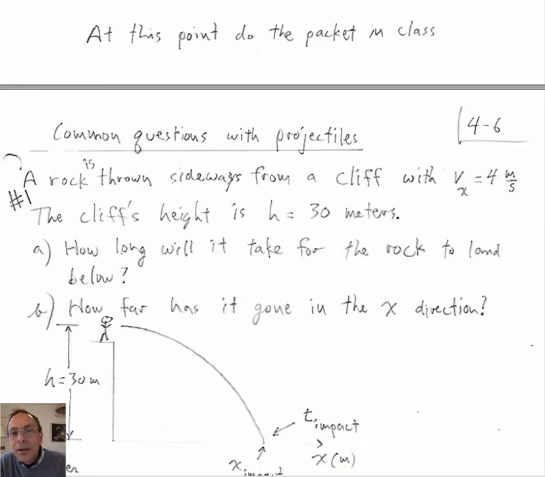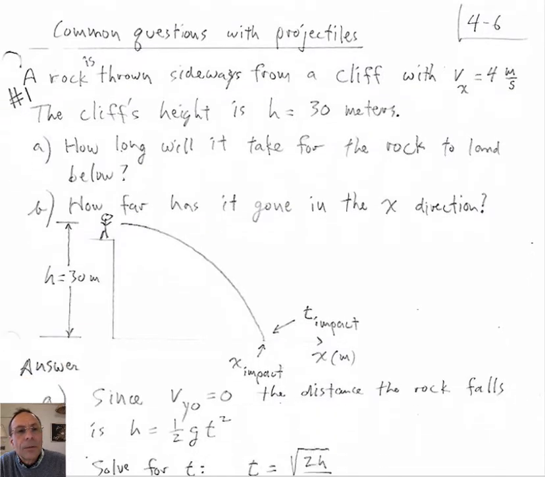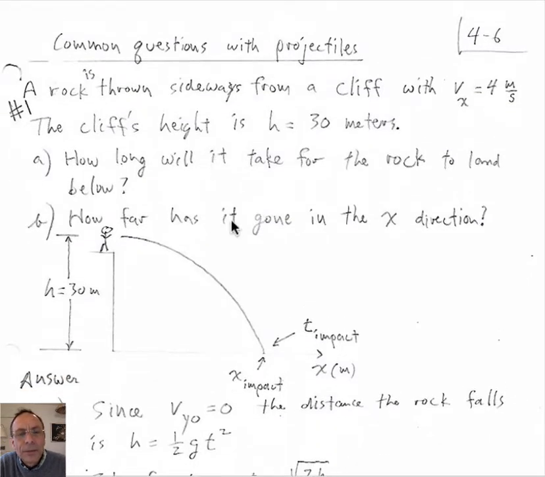Okay, let's take a look at some common questions, typical homework problems, typical exam problems, and they'll illustrate a lot of the ideas in projectile motion. A rock is thrown sideways from a cliff with an x component of velocity equal to 4 meters per second.